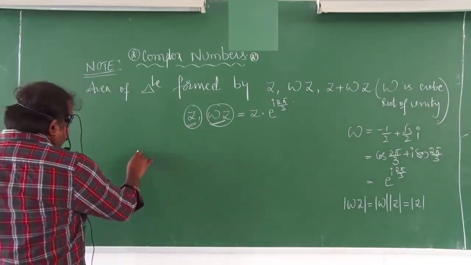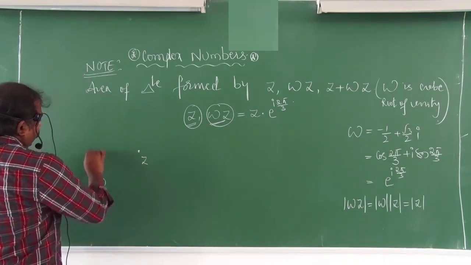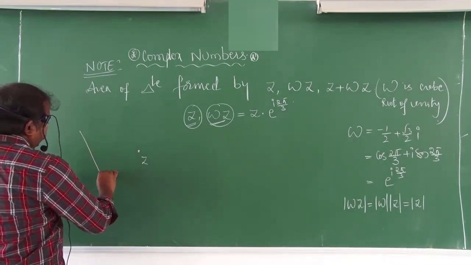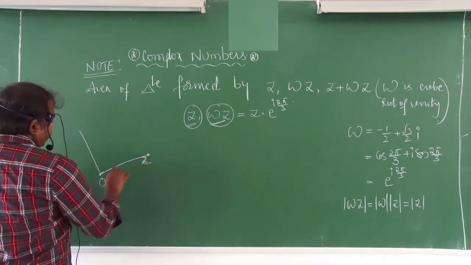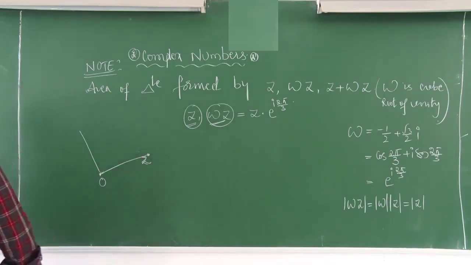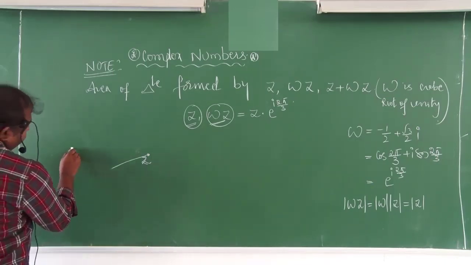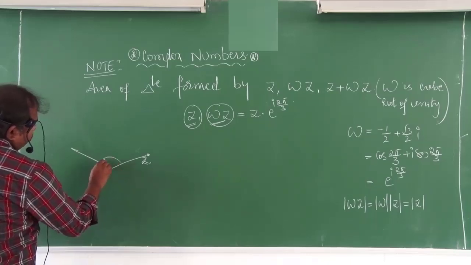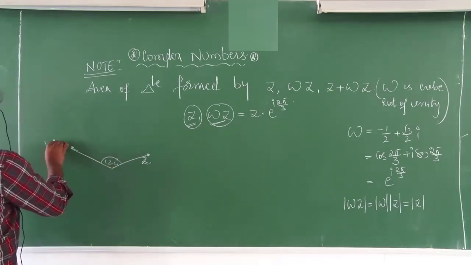If z is the value here, somewhere from the origin you may take 120 degrees, like this. If it is z and you consider 120 degrees, this is omega z.